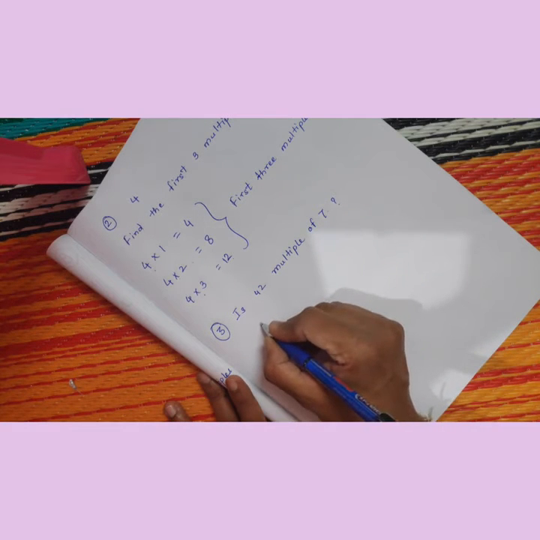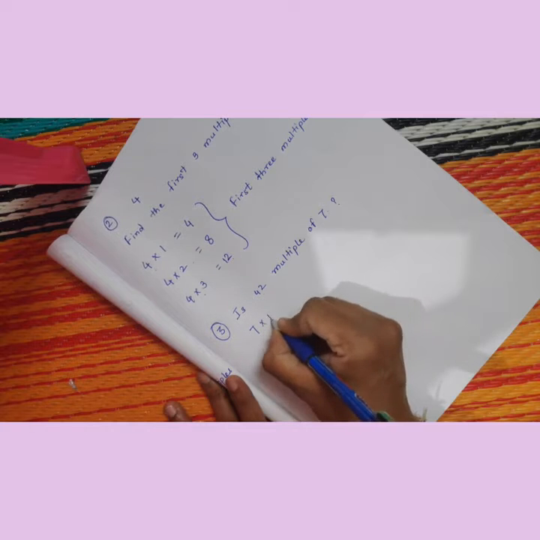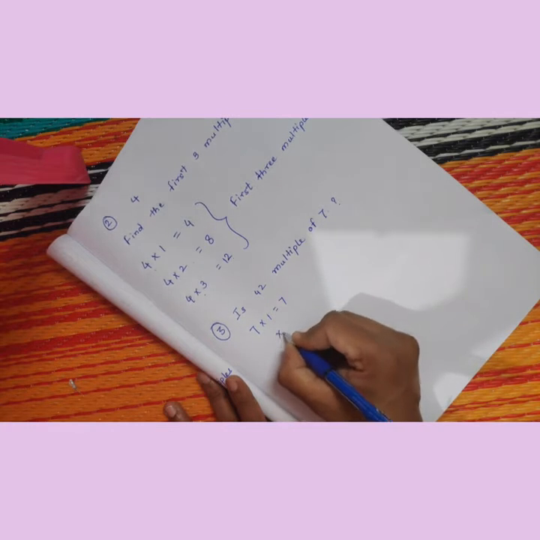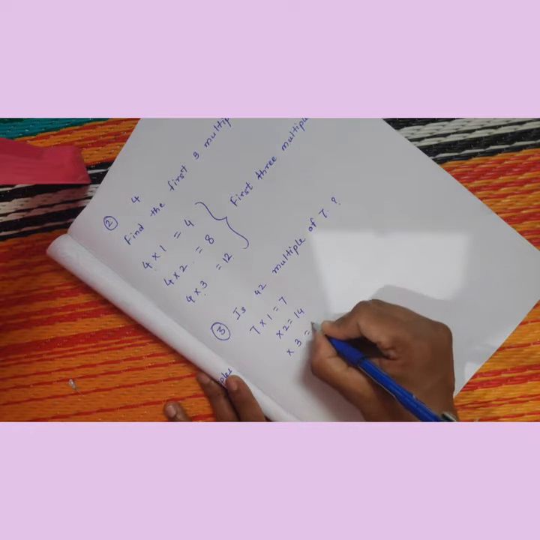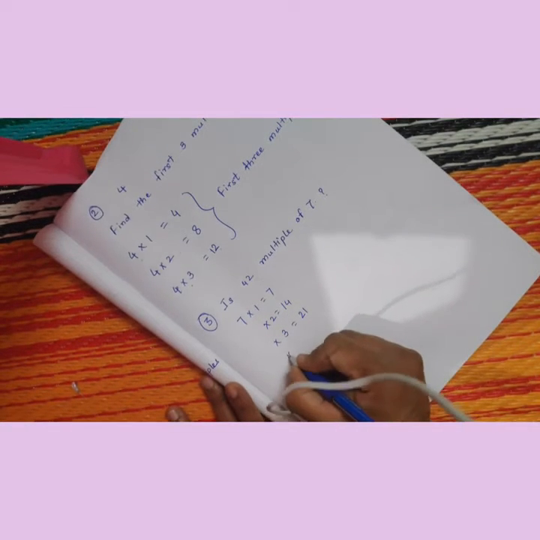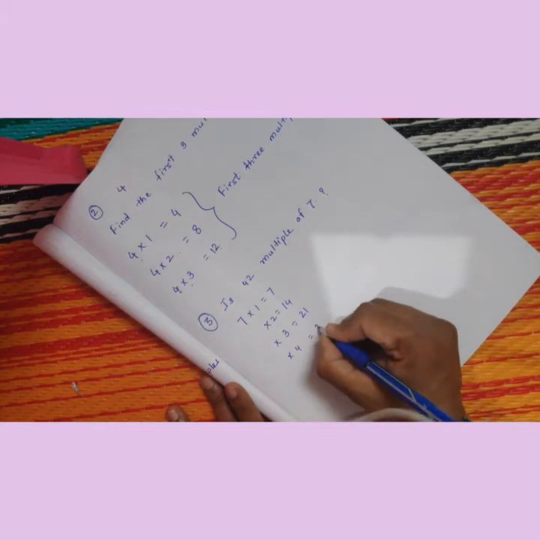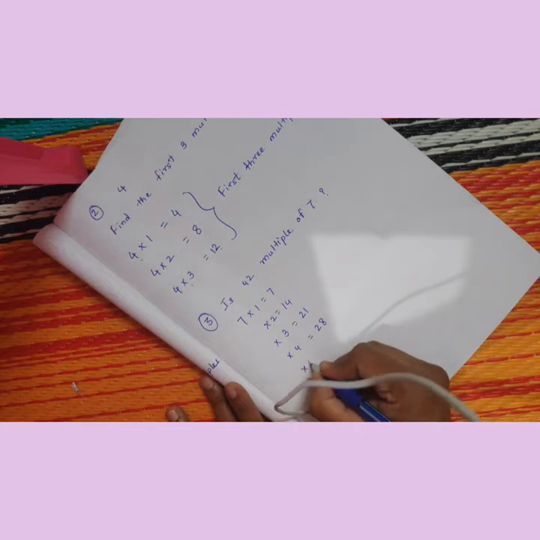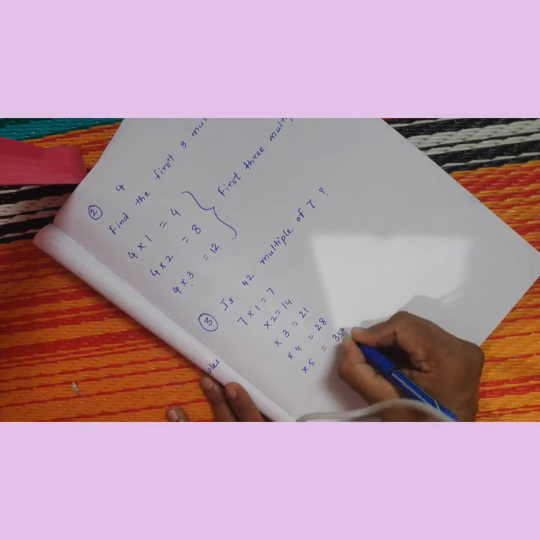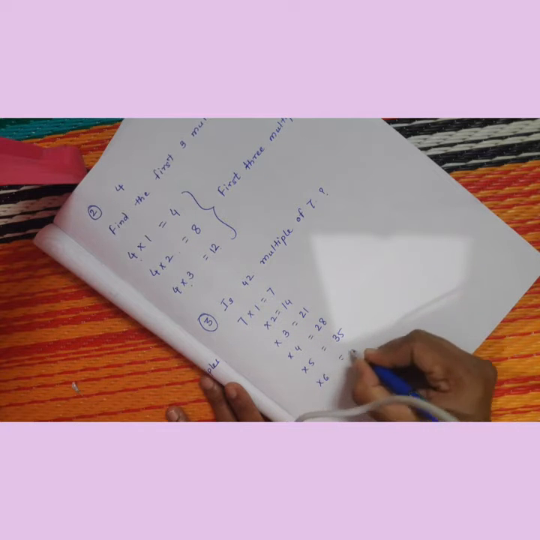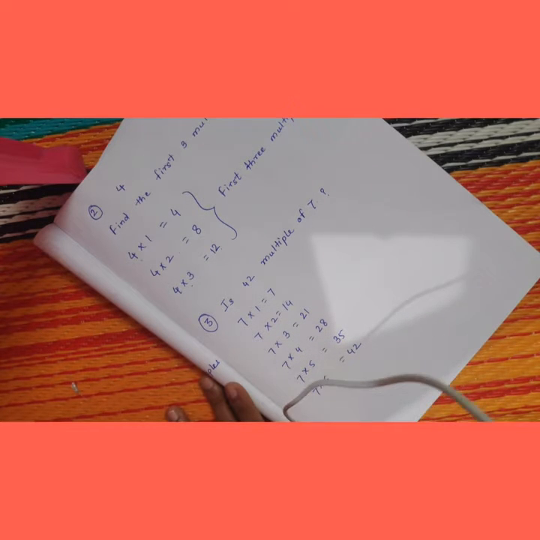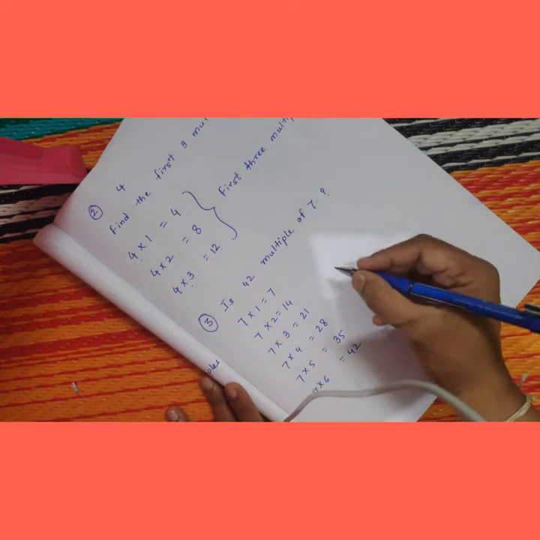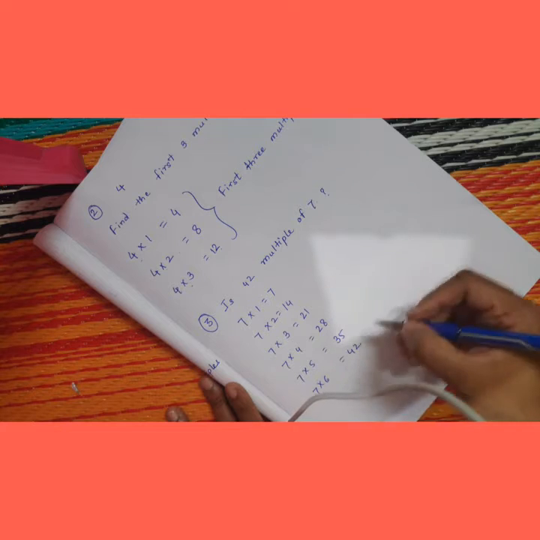We know 7 ones are 7, 7 twos are 14, 7 threes are 21, 7 fours are 28, 7 fives are 35 and 7 sixes are 42.